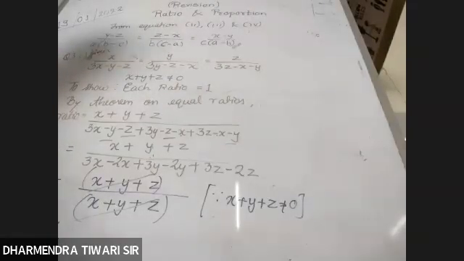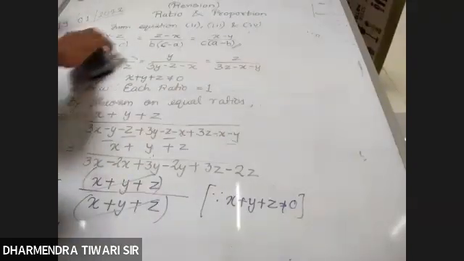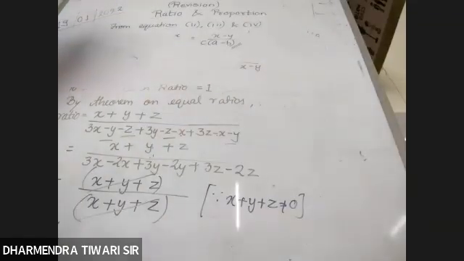In question number 4, there are two problems. Actually, both are simple, but it's okay. We have done this type of problem in 4.3. So this time we will solve it by using theorem on equal ratios.